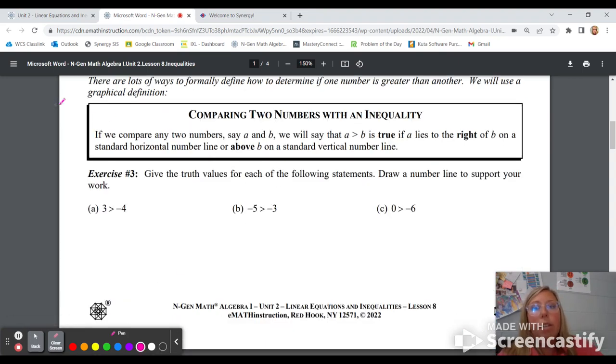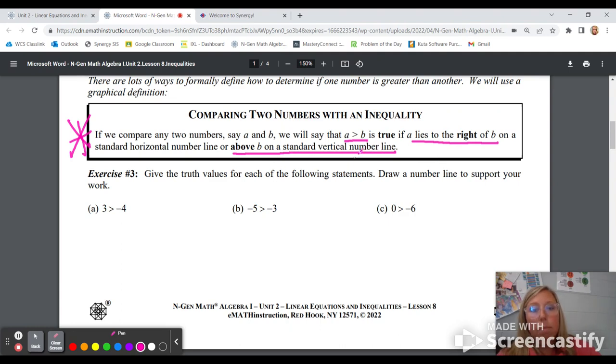Okay, here in exercise 3, I want to just draw your attention to this box with this statement here. So when you're comparing any two numbers, we'll call those A and B, you would say that A is greater than B is true if A lies to the right of B on a number line or above B on a vertical number line.